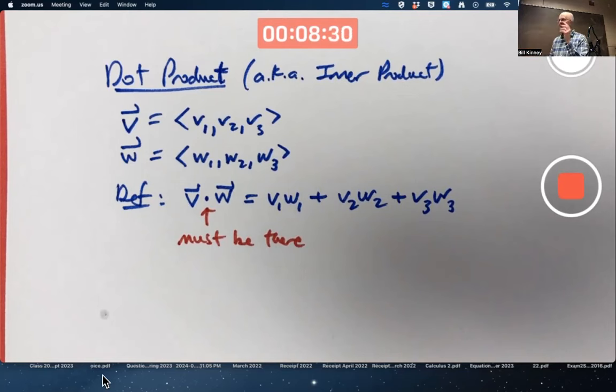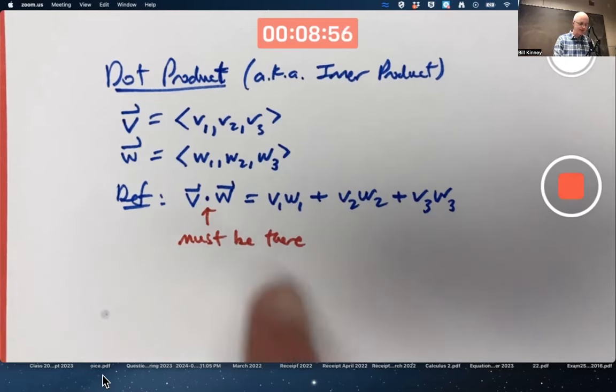We need to have that conceptual clarity to realize this is different than V times W or V cross W. There's a cross product as well as a dot product. That's the main topic for Wednesday. Today's topic is the dot product. They're different things and they both have their own symbol. So that must be there.